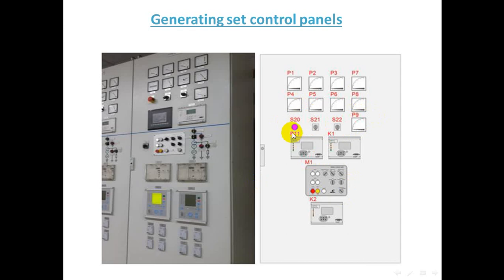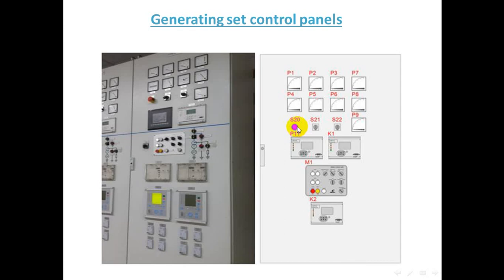S20. What does S20 mean? It's the emergency stop, as shown in the cabinet, colored red. If there is any emergency in the power station or power plant, this button must be pressed to switch off.